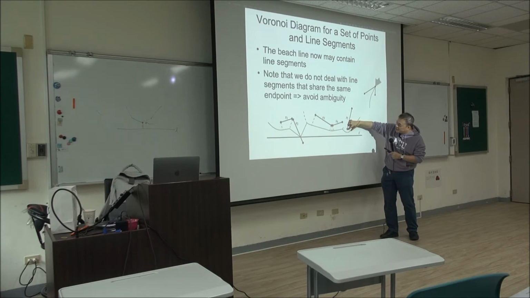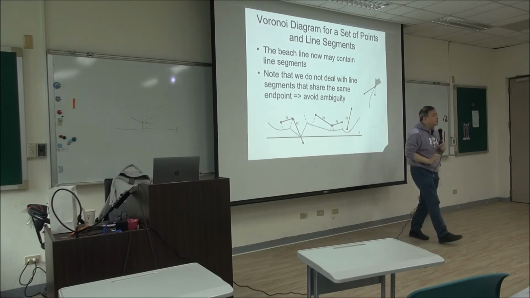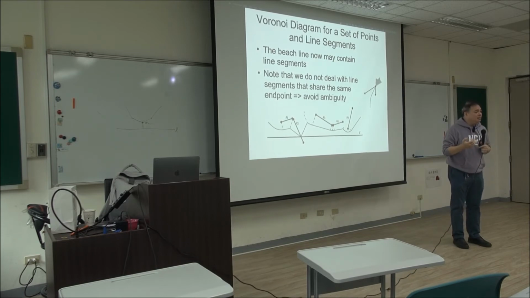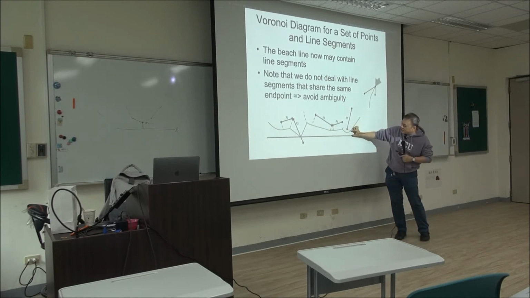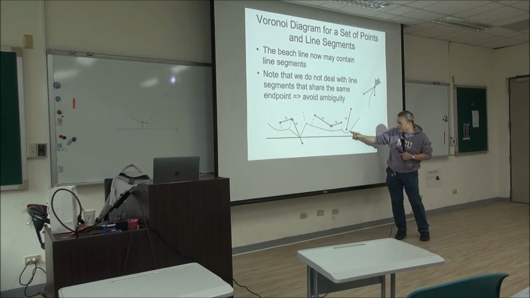The shortest distance is perpendicular to this one. That's what that English sentence means. And this distance is the same as the distance to L. So it is a breakpoint.